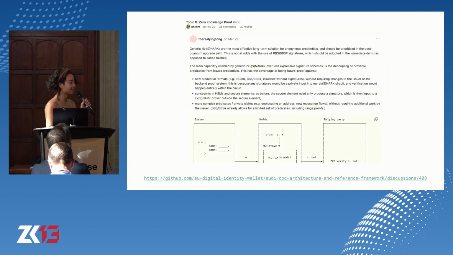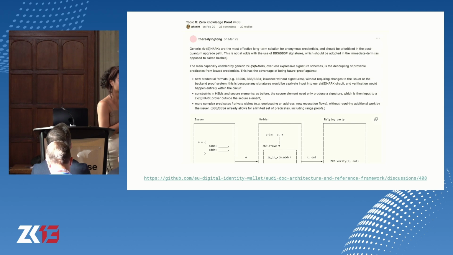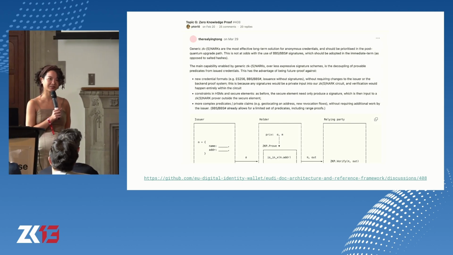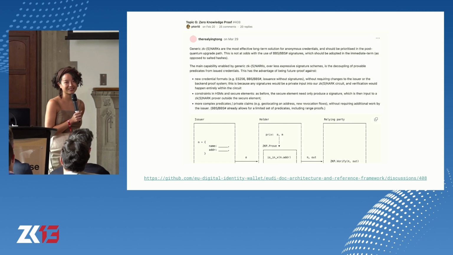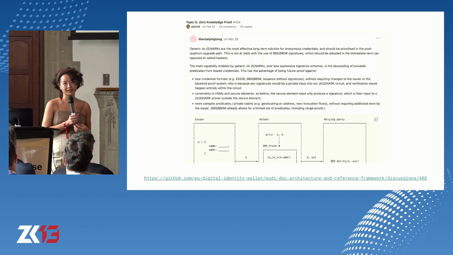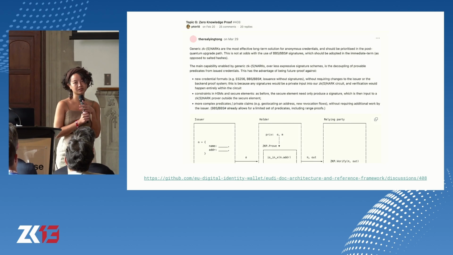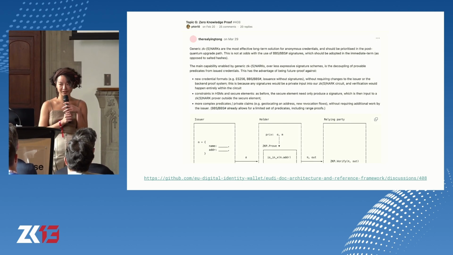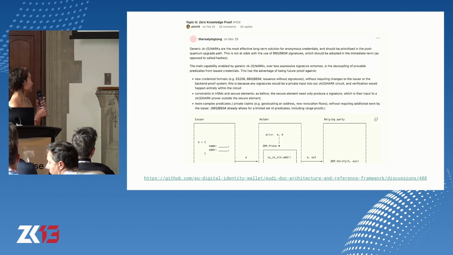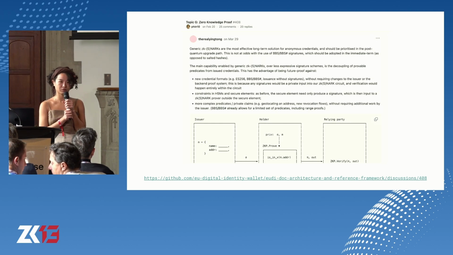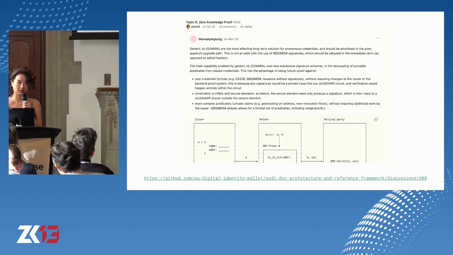For context, I've been involved in the ZK proof standards for a few years now. And as with many standards efforts, the failure mode is that it tends to lose momentum because nobody's full-time job is standards. But recently, the EU Commission has been pushing for a digital identity wallet for rollout in 2026.